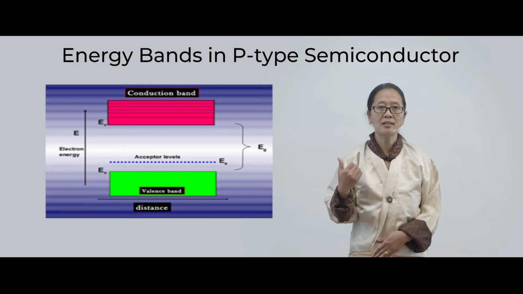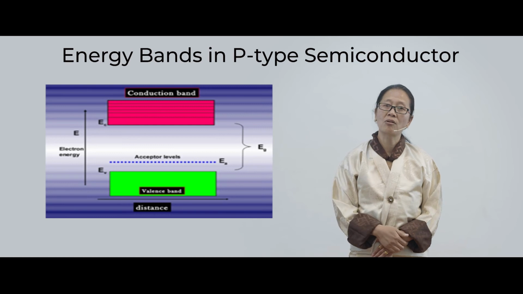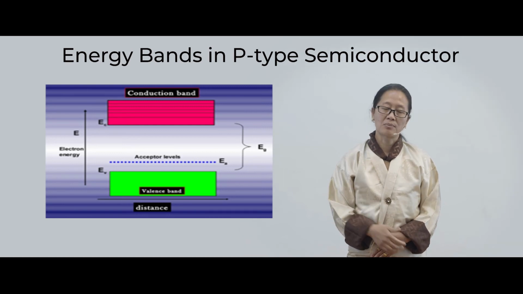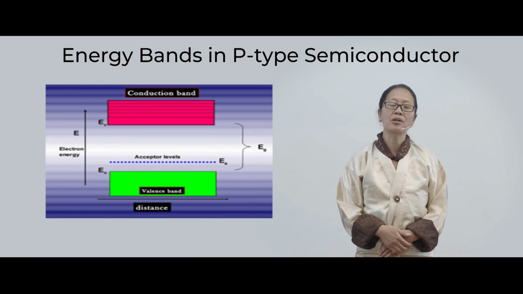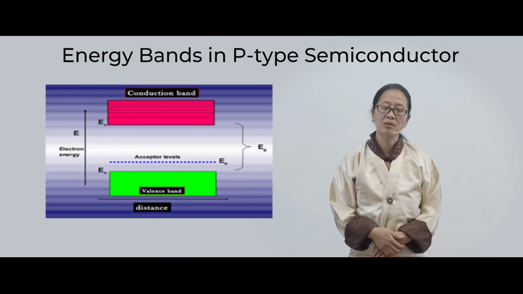Remember, in the case of n-type, the impurity atoms were called donor atoms because they donate or give electrons. Now here we call it acceptor atoms because they accept electron from the semiconductor.